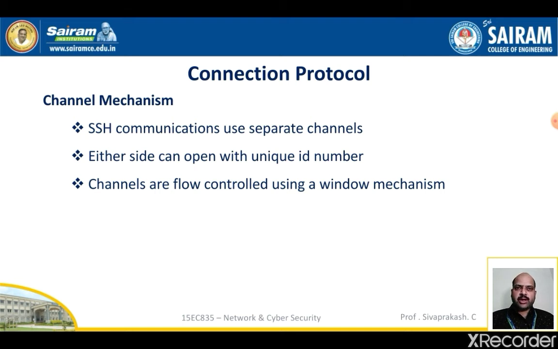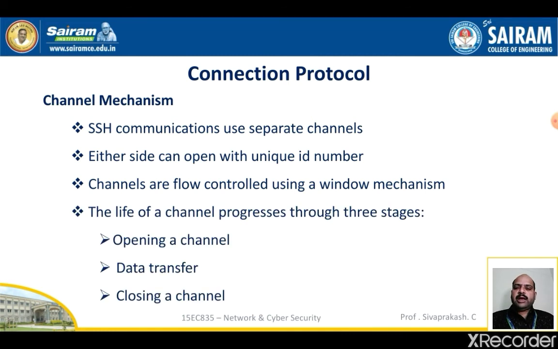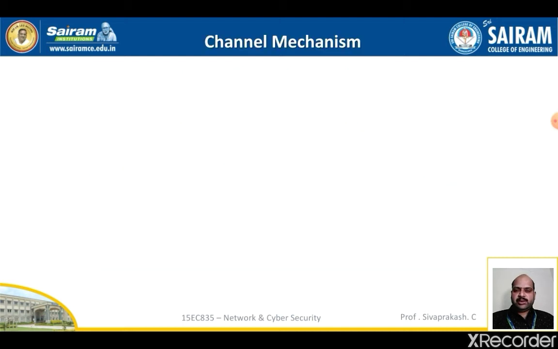Channels are flow controlled using a window mechanism. No data may be sent to a channel until a message is received to indicate that window space is available. The life of a channel progresses through three stages: opening a channel, data transfer, and closing a channel. We will see about this one by one.